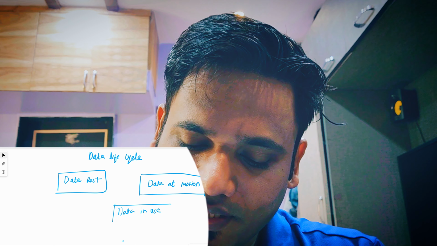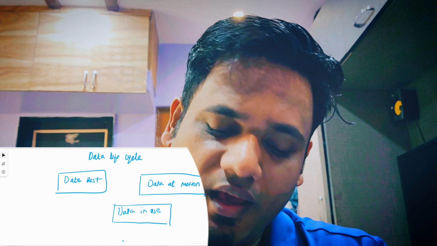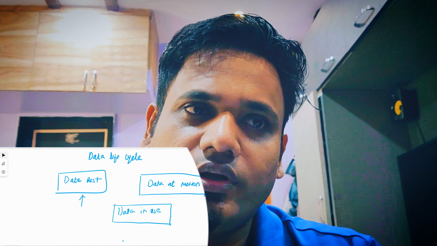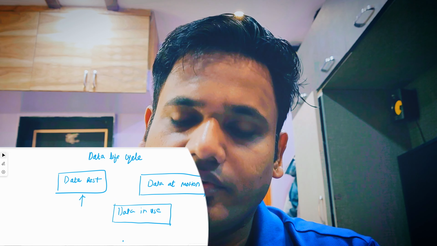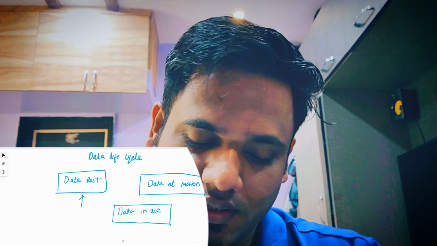So when I say data at rest, this stage means the data whatever we have is in a resting state. What that means is that data is always stored somewhere and we are not using that data.